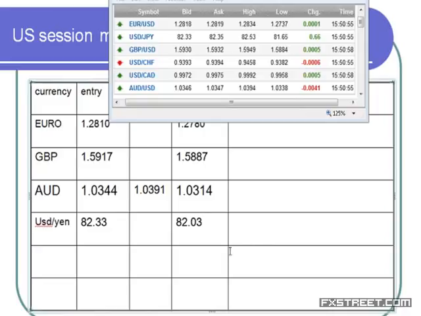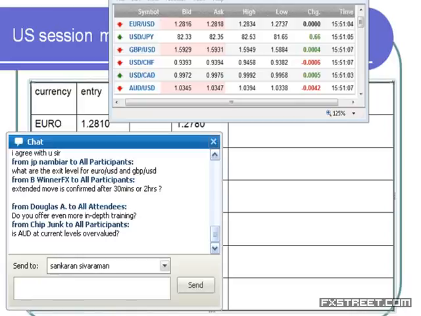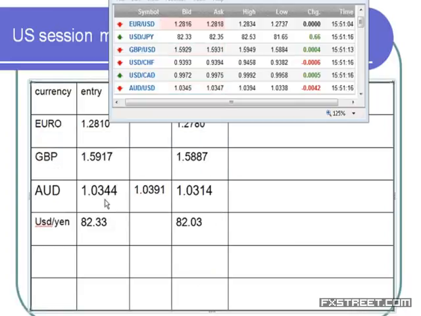Then another question from Chip. Is AUD at the current level overvalued? Not at all. You have to understand one thing. When you go in for currency conversion in the banks, they will give about 200 to 300 pips different from the market levels. If you go to the bank and convert US dollar into euro, they will give a different rate, not the market rate.